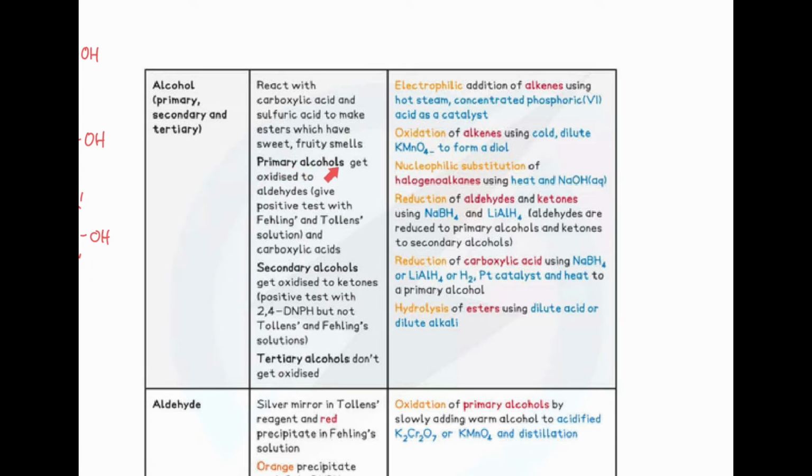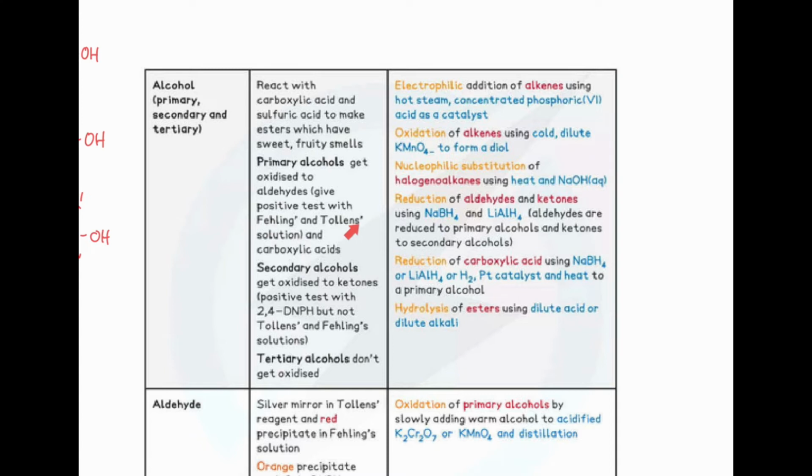Primary alcohol gets oxidized to aldehyde, which gives positive tests with Fehling's and Tollens' solutions, and then carboxylic acid is formed. Which means if you want to test for the presence of primary alcohol, you oxidize it to aldehyde first, and then you test with Fehling's and Tollens'.